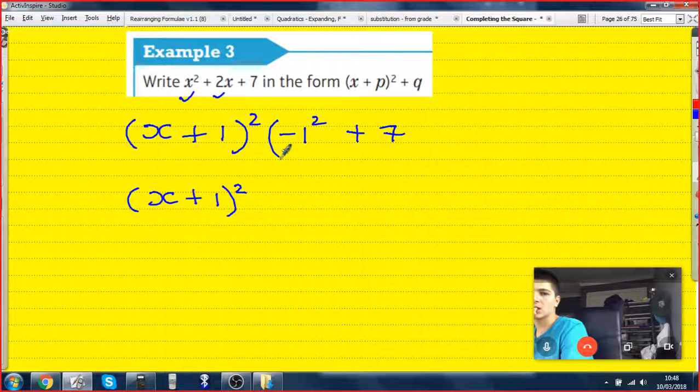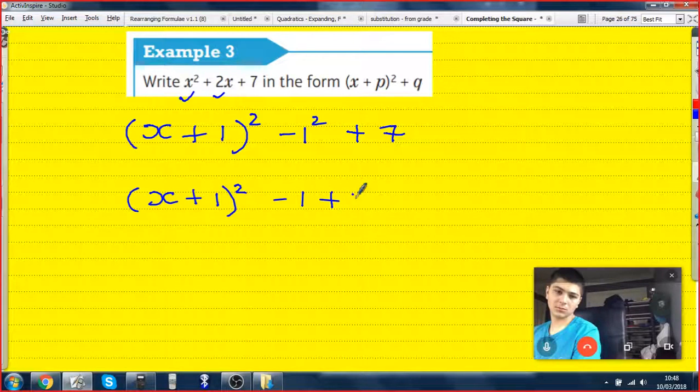Oh, right. So would that be minus 2 plus 7? No, you're just taking away 1 squared. What is 1 times 1? 1. Yeah. So it's like minus 1 plus 7. Sorry, 6 plus 6. That's it.